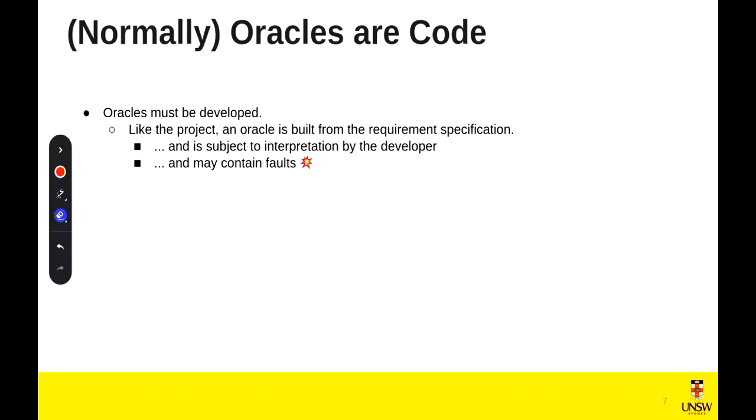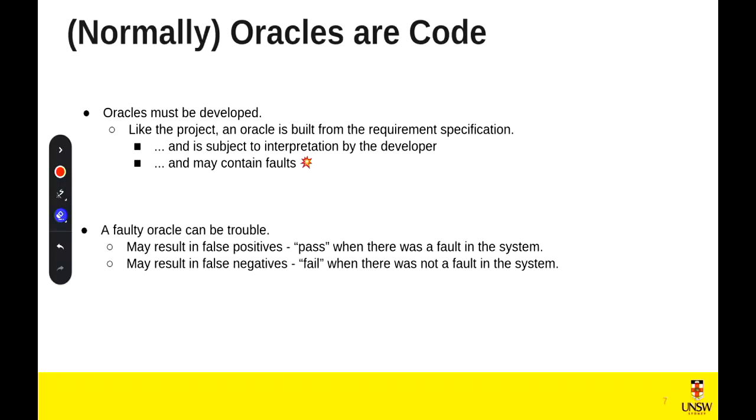Like the actual implementation of the system or the project code, it is derived from the requirement specifications. It is subject to the interpretation by the developers, and similar to the actual implementation, it may contain bugs.